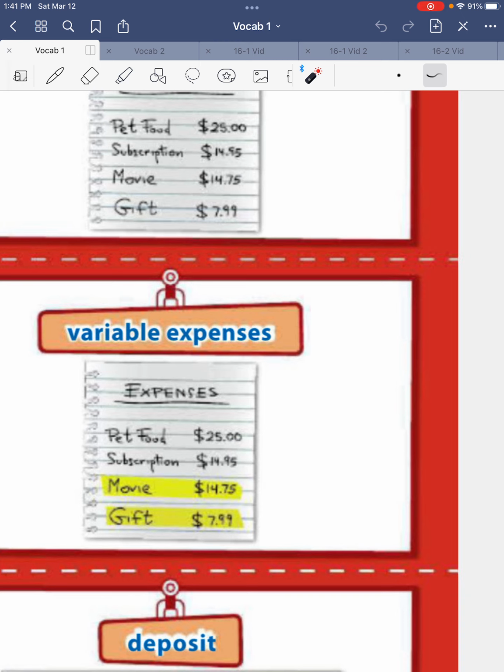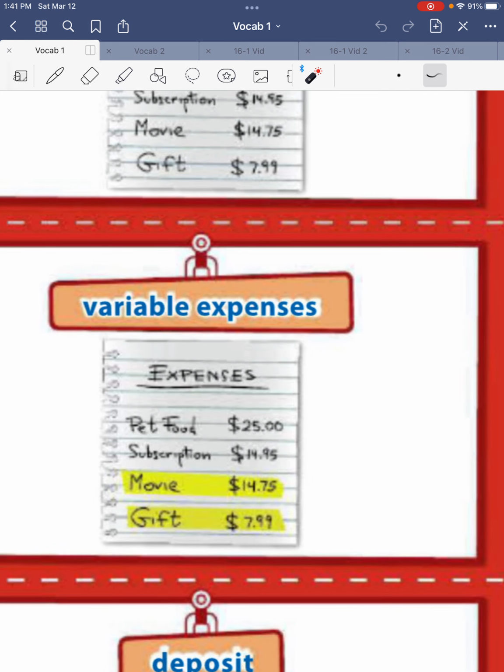But now we go into variable expenses. I remember this by saying, okay, variable sounds like varies. What I mean by that, variable expenses are expenses that don't happen regularly, and they're not always the same price. So for example, you wouldn't go to a movie very often, and when you go to a movie, sometimes the prices can change for it.